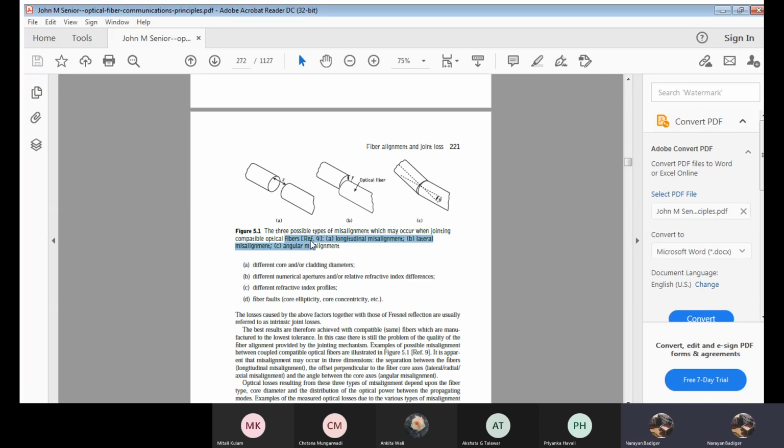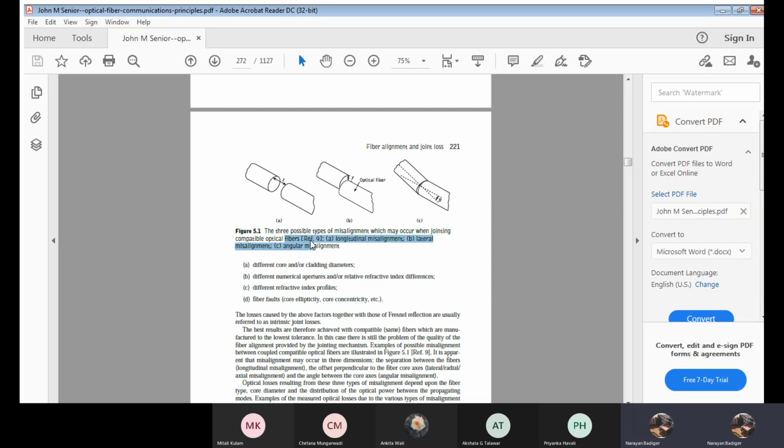Whenever we manufacture the fibers, we should be aware that compatible fibers, or the same fibers, are used for similar applications, so that the tolerance is lowest. The three types of misalignments we have seen are longitudinal, lateral, with respect to the fiber core axis, and the last one, angular.